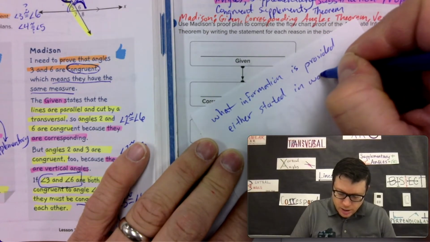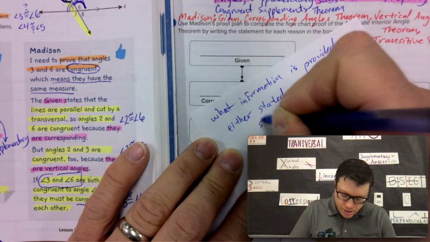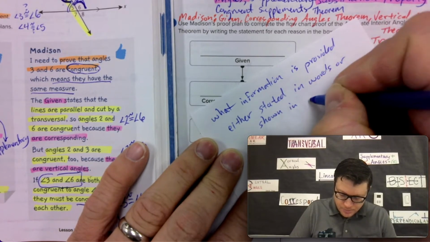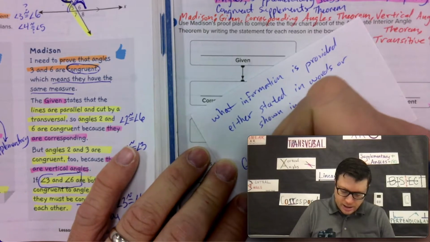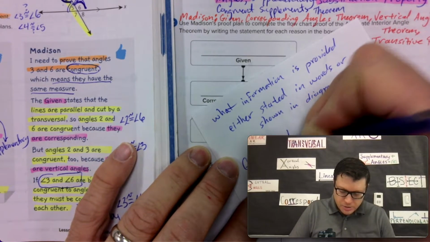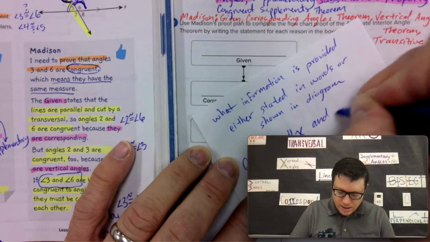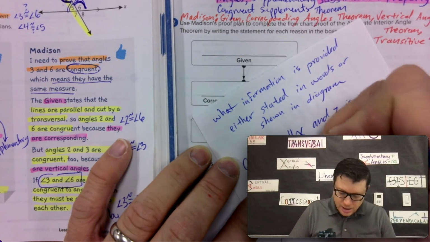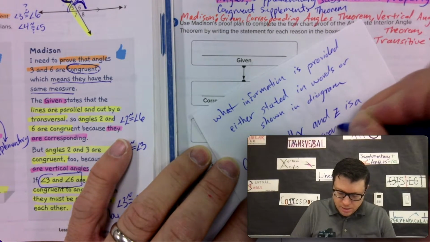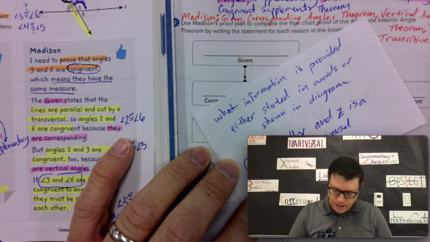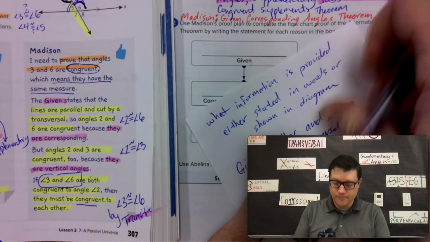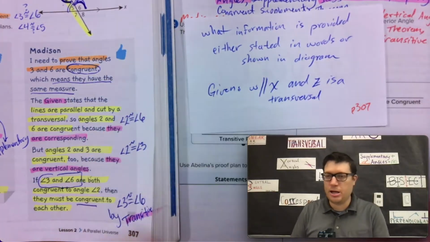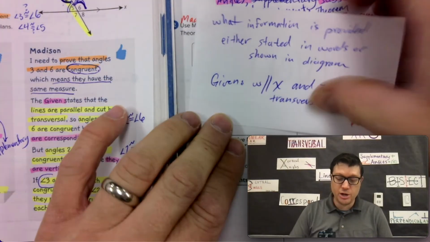Either stated in words or shown in a diagram. So we could have, like, given W is parallel to X and Z is a transversal. By the way, this is also on page 307, 308, so I'm going to put that page number down on the bottom. That's what I put on the back of the given card if you want to use that, just to let you know.